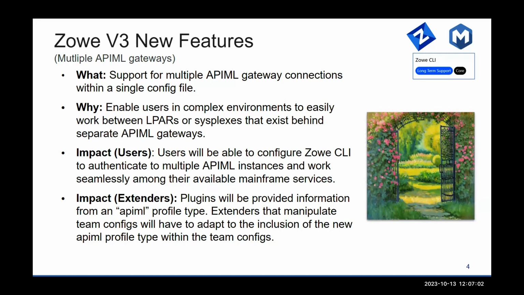Well, we want to enable users in a complex environment to easily work between multiple LPARs or sysplexes that exist behind separate API-ML gateways. And the impact to users will be that they'll be able to configure Zowe CLI to authenticate to multiple API-ML instances and work seamlessly among their available mainframe services on those separate instances without having to switch out configuration files or make changes.